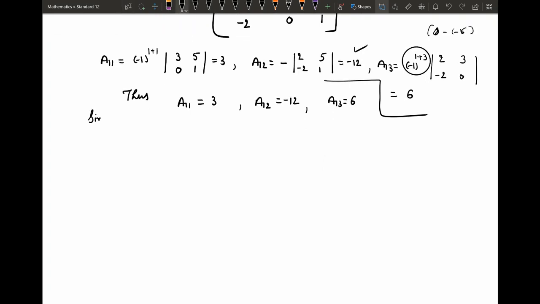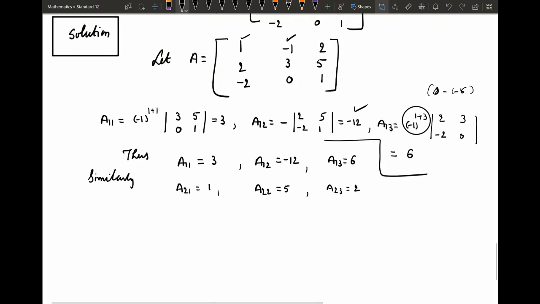So I write directly, similarly A21 will be 1, A22 will be 5, A23 will be 2.